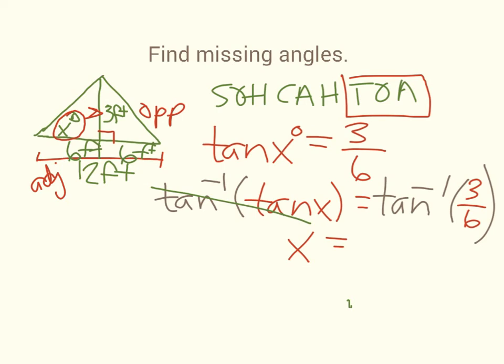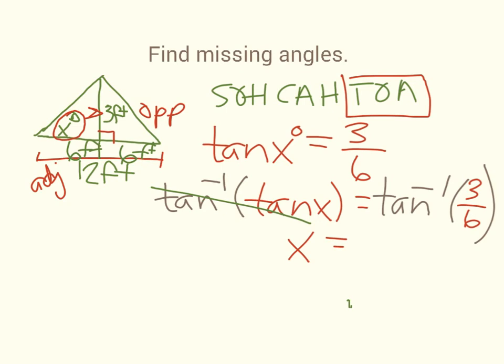Now, in your calculator, you're going to type this in. If you have a calculator on your phone, some of them have the inverse functions, some of them don't. The graphing calculators that I have for use in my classroom, they do. They have it right above the original functions.